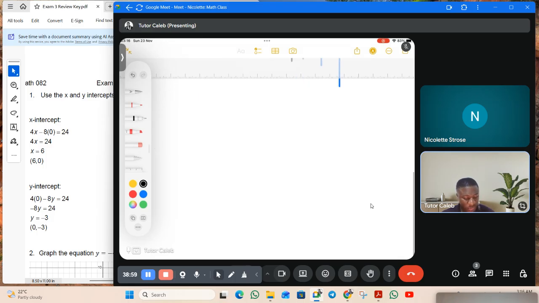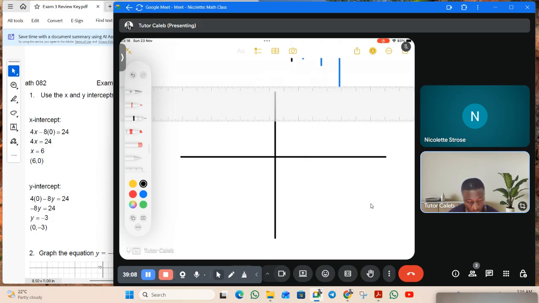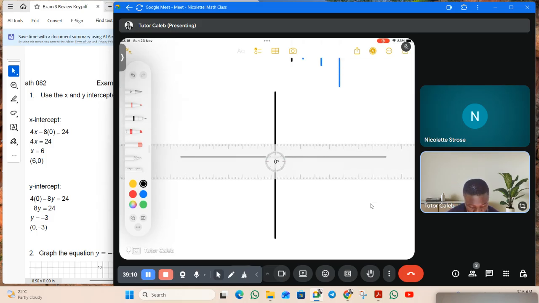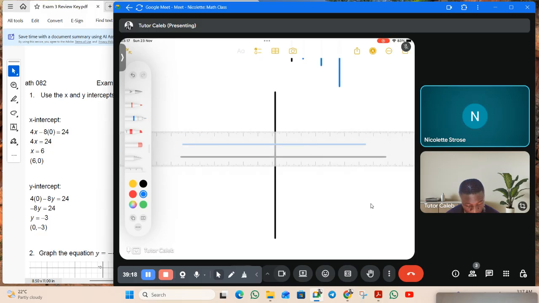Let me draw this Cartesian plane here, and I will graduate it like this, the way you work better with. So in blue is your graph paper.